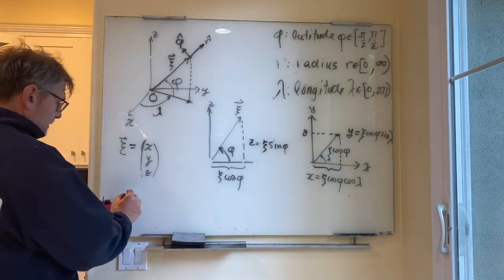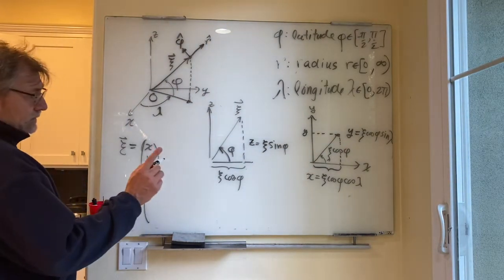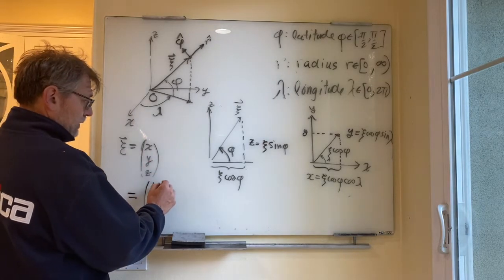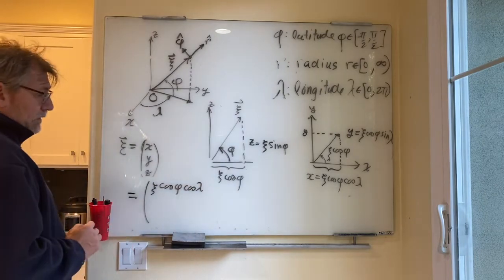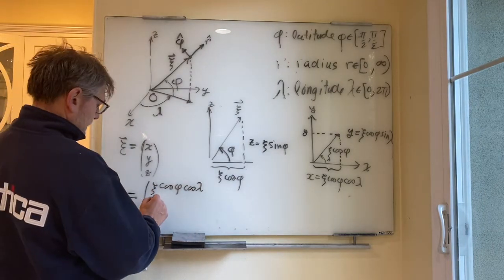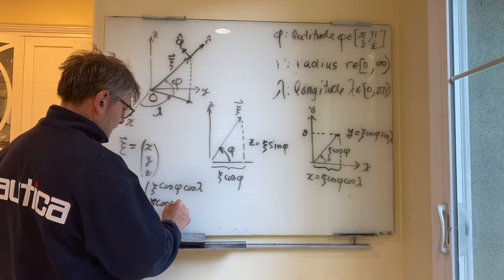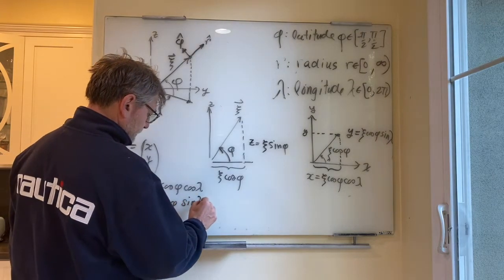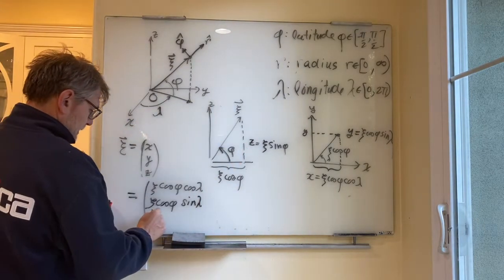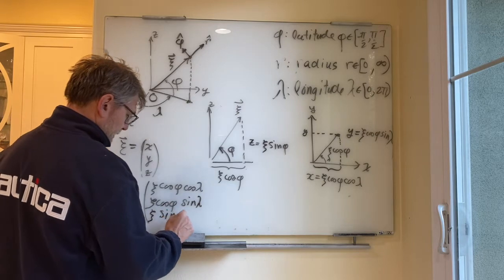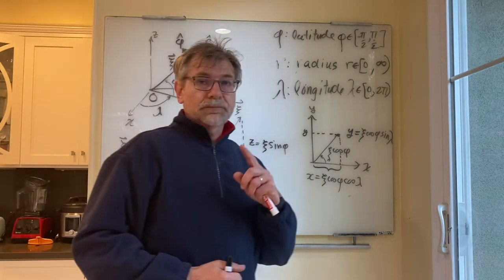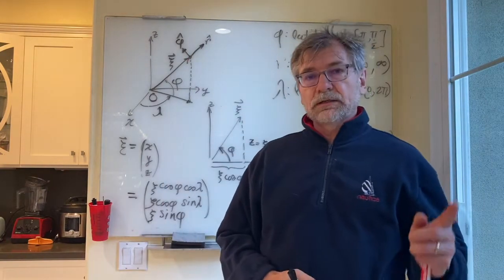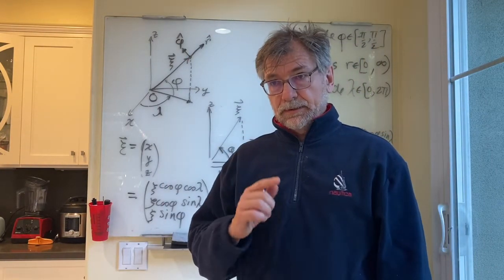So let me write them down. x, remember, is C cosine phi cosine lambda. y is C cosine phi sine lambda. And finally, z is C sine phi. So this is how we can relate the spherical coordinates to the Cartesian coordinates.